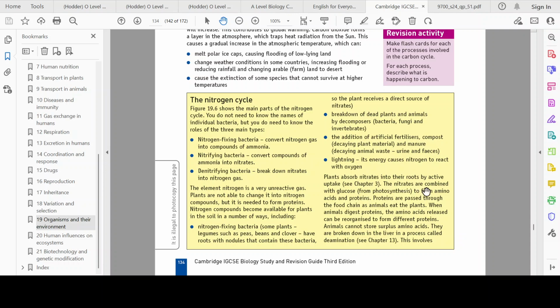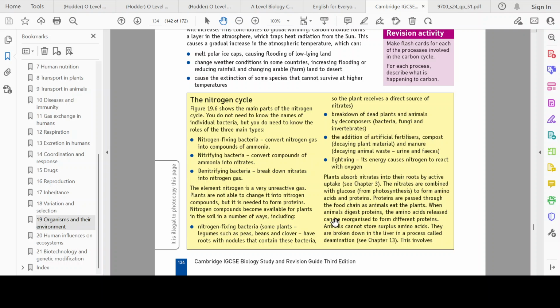The plants take up nitrates from their roots, and these are combined with glucose to form amino acids and proteins, and those are passed along the food chain because animals can't make their own amino acids. They depend on the producers for that, or on other animals that have fed on plants.